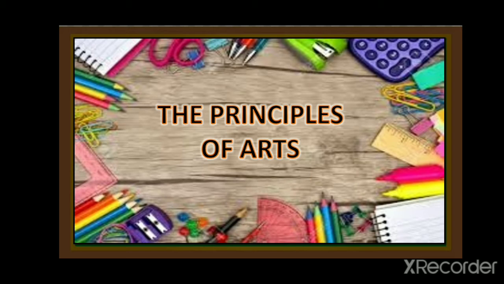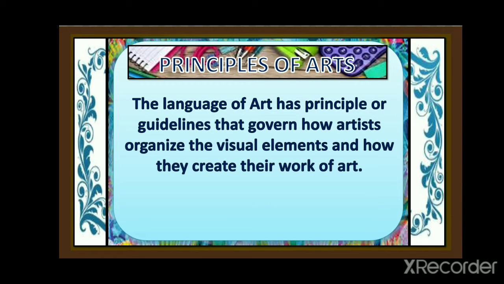What are the principles of art? In the principles of art, the language of art has principles or guidelines that govern how artists organize the visual elements and how they create their work of art.